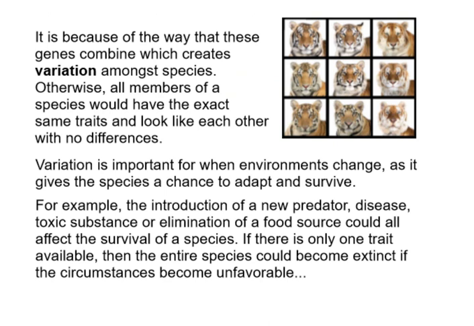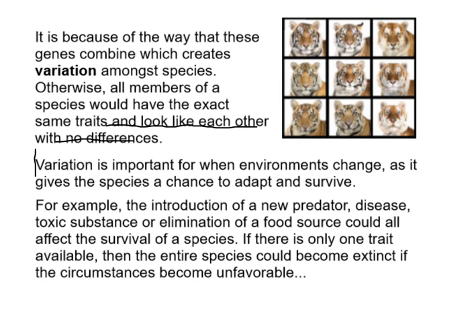We want variation. Now, maybe we don't care about it so much in humans, because humans are kind of the top of the food chain, but in species like these tigers, there's a little bit of subtle changes between them, and that's important because if it wasn't for that, they would look exactly like each other, and there would be no differences. And that could be bad.